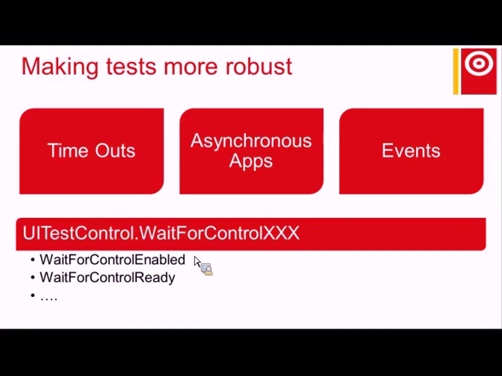This can be annoying, because if a test is not proceeding in the way we expect, then coded UI might spend up to, I think it's 2 minutes by default, waiting for something to come on display on the screen before saying that object is not on the screen and therefore it's never going to be on the screen, so coded UI moves on to the next stage of what it's doing. Or it says it's not there and therefore the test has failed.